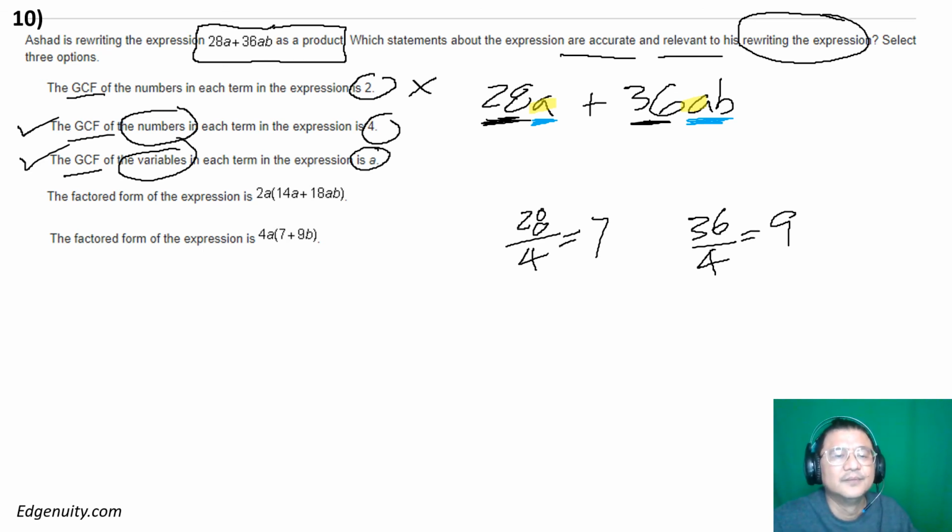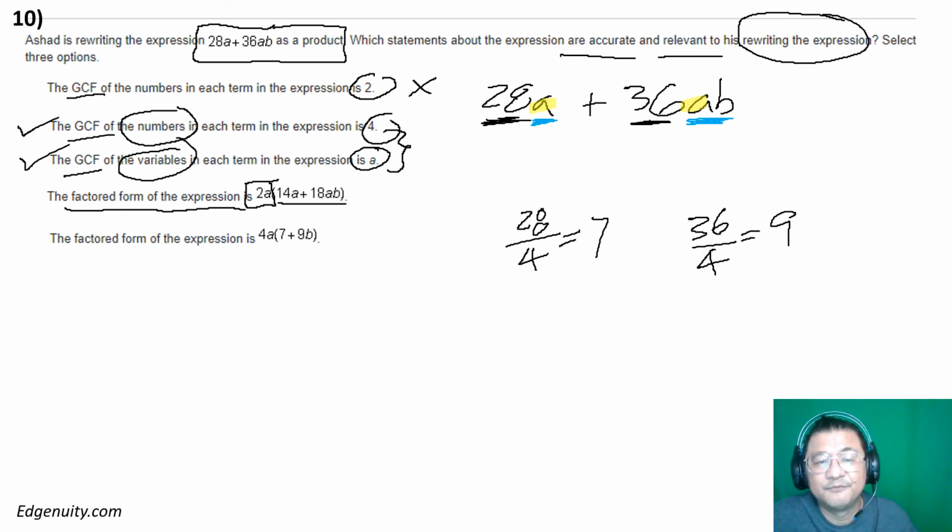All right. The factored form of the expression is 2A times this number. All right, put them together. The number and the variable is 4A. Does that show 4A? No, it's 2A. So you're not the correct answer. But 4A is here, all right?